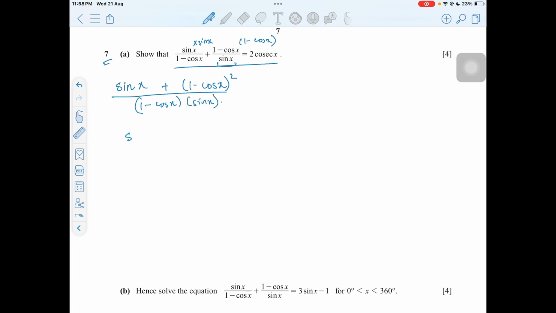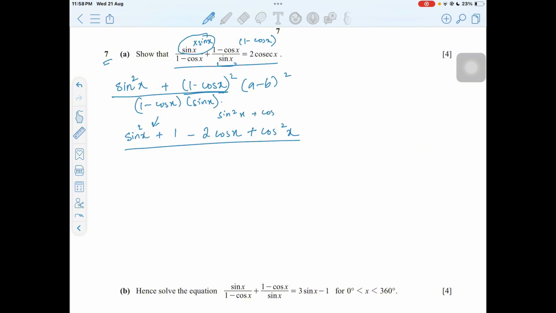So we have sine squared x, sorry, sin x multiplied by sin x is sin squared x plus 1 minus 2 cos x plus cos squared x. This is basically expanded by the a minus b whole squared identity. Let's just change this. So sine squared x plus cos squared x equals 1.